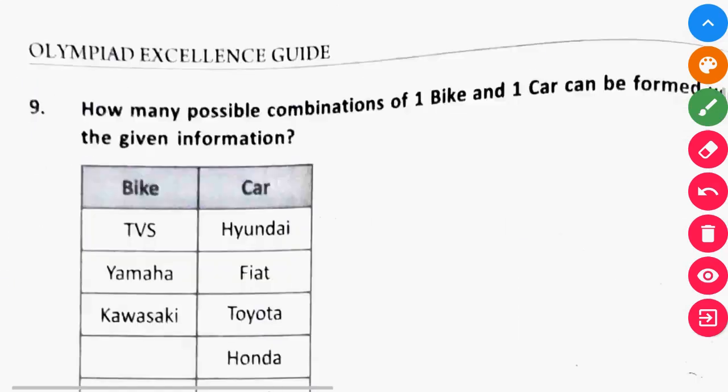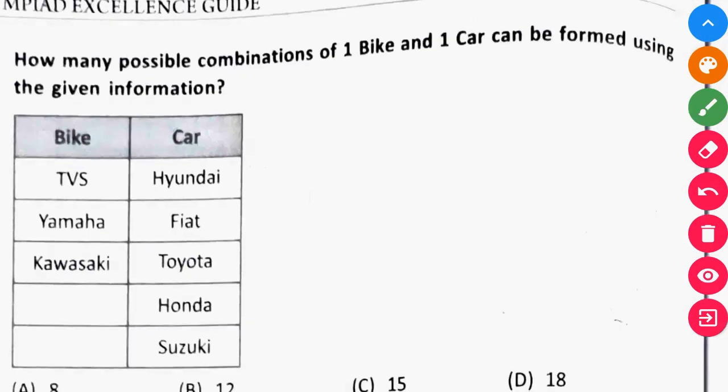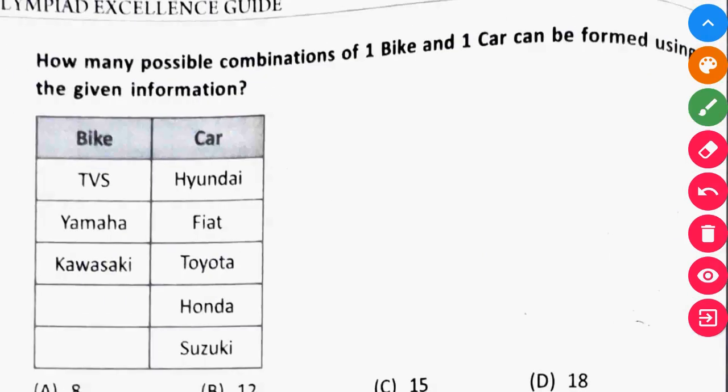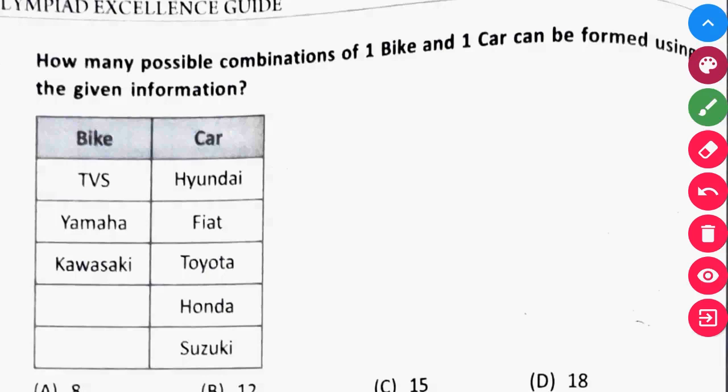Now the next is: how many bike and car combinations can be formed with the help of the given information? You might think it is a very simple problem, but it looks very big and difficult.